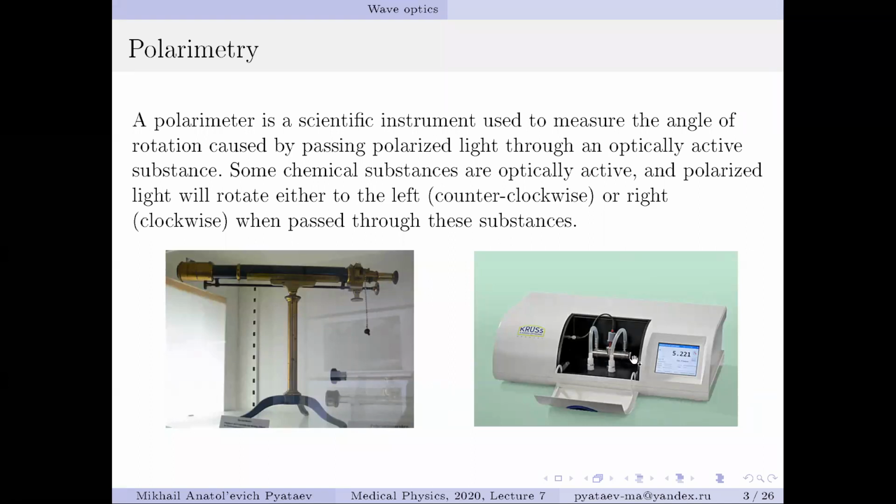The tube is shorter because the angle is measured not by the human eye, it is measured by an automatic system, and it allows much more precise measurement. And so we need a smaller amount of liquid. We can do it automatically, but the principle is the same. So the physical principle is the rotation of the axis of polarization, which allows one to measure concentrations.